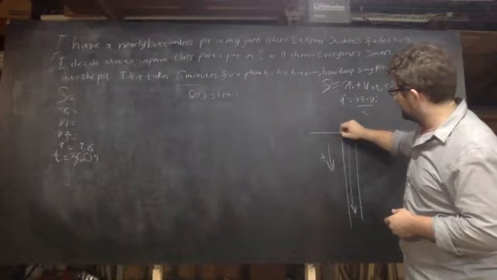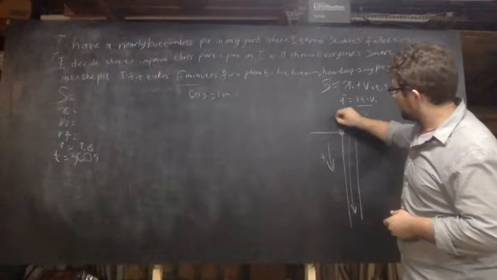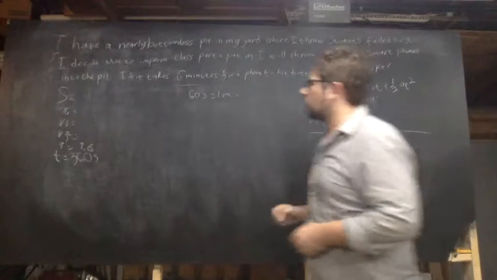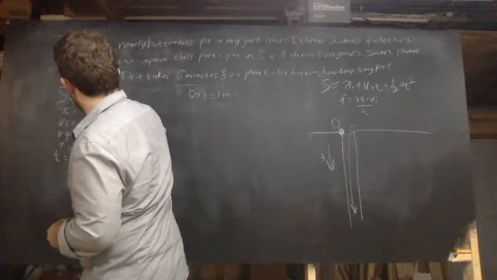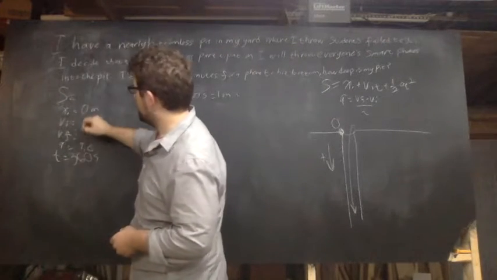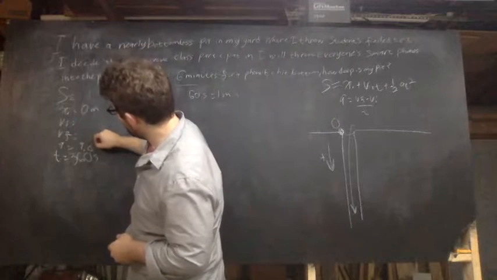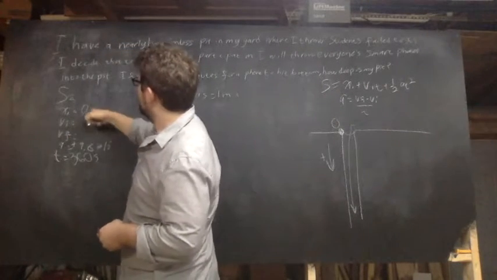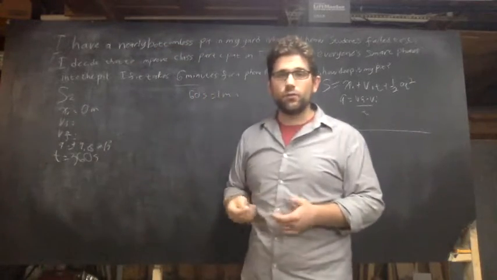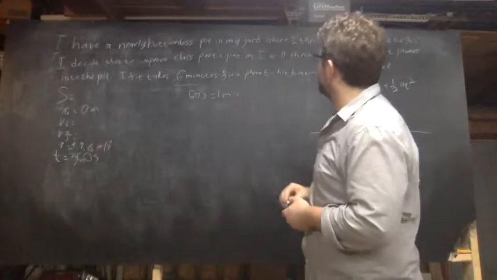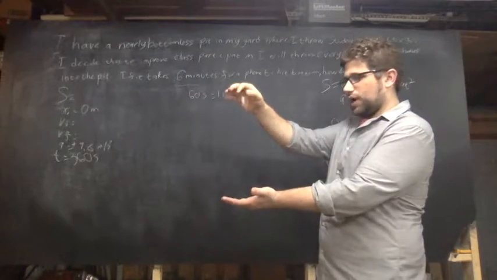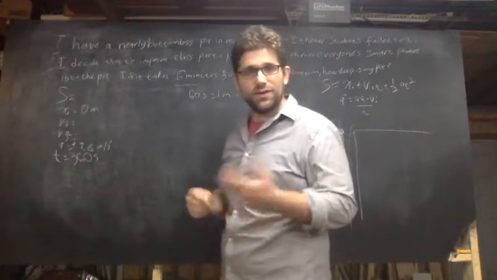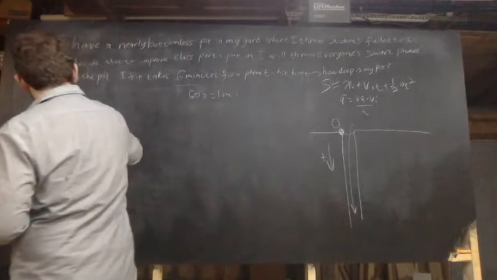And let's make this our 0. So, ground is 0, xi is 0 meters, vi, remember, this is positive. What is our vi? Well, I'm dropping the phones into the pit, so I'm dropping. That means our vi is 0. Nice and simple.